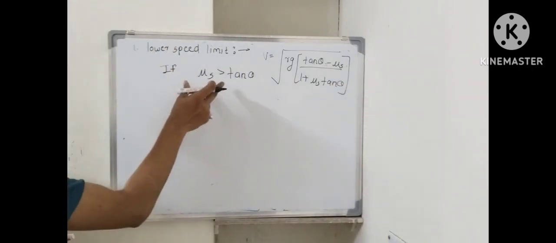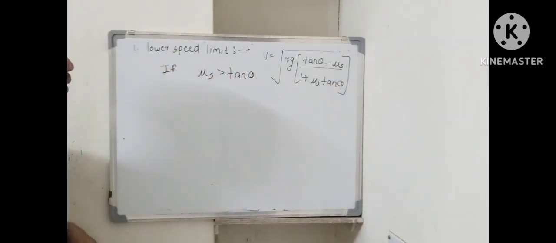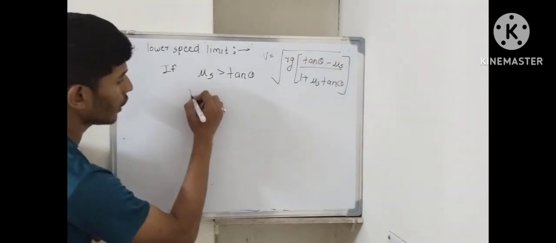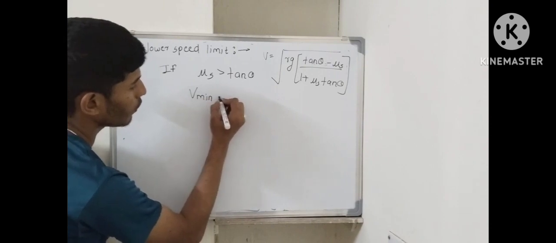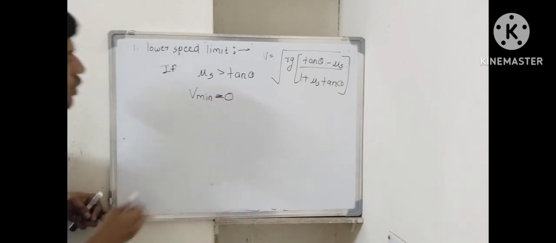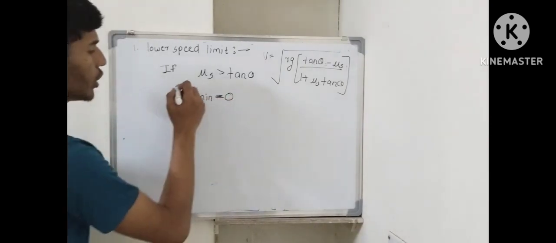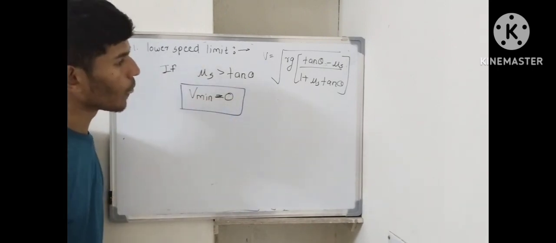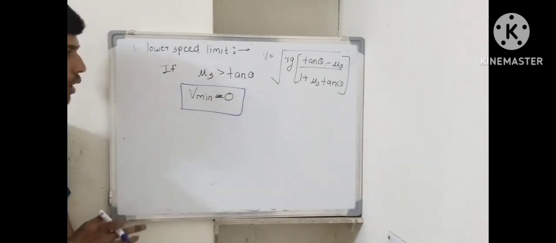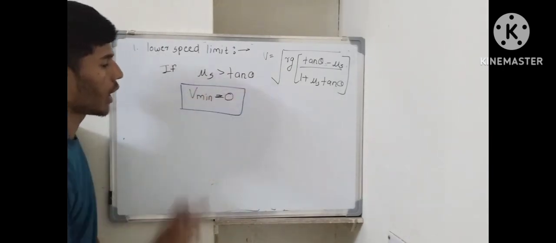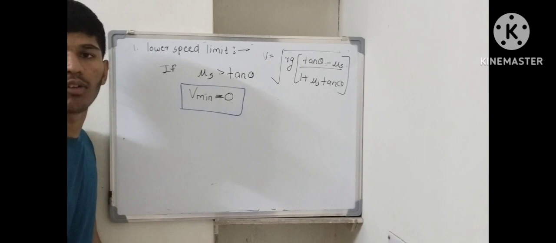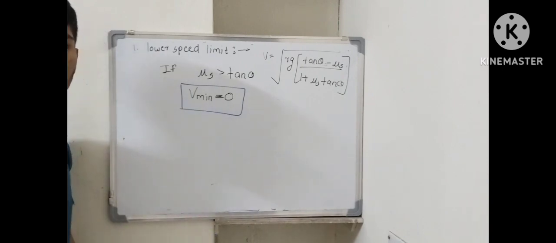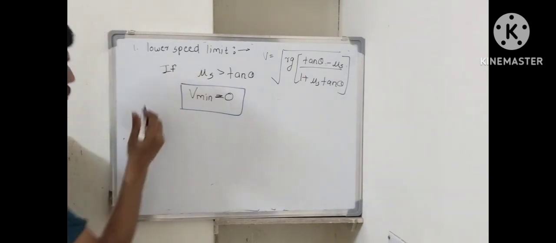So अगर mu s is greater than tan theta, तो डायरेक्टली we can say that v minimum is equal to 0. So this is a necessary condition according to the CET point of view. अगर एग्जाम में आ जाए कि mu s is greater than tan theta, then what will be the result? You can directly say v minimum is equal to 0. The minimum speed is equal to 0.